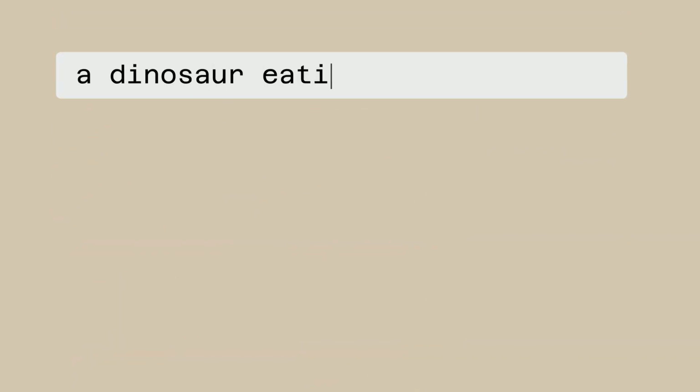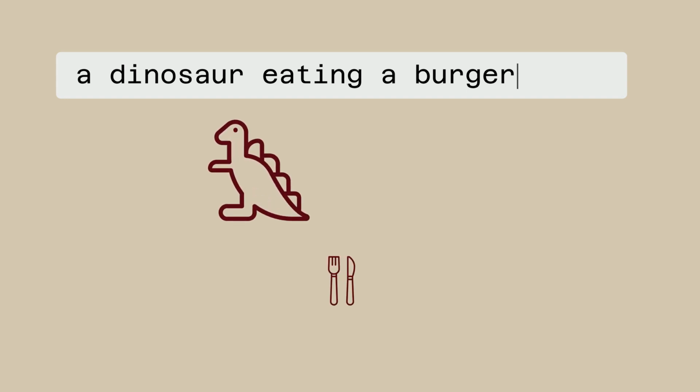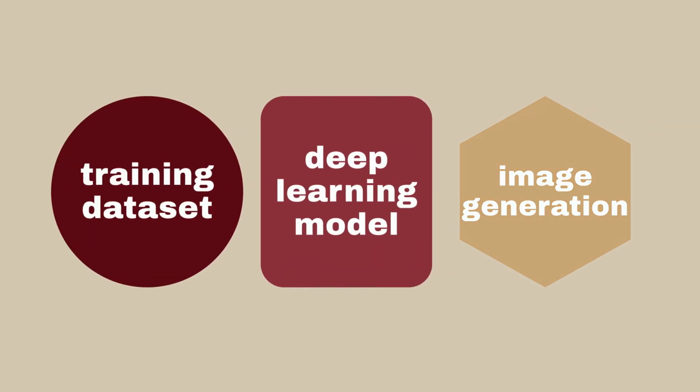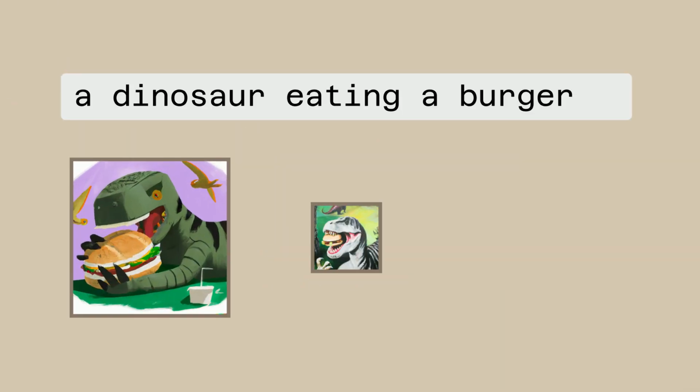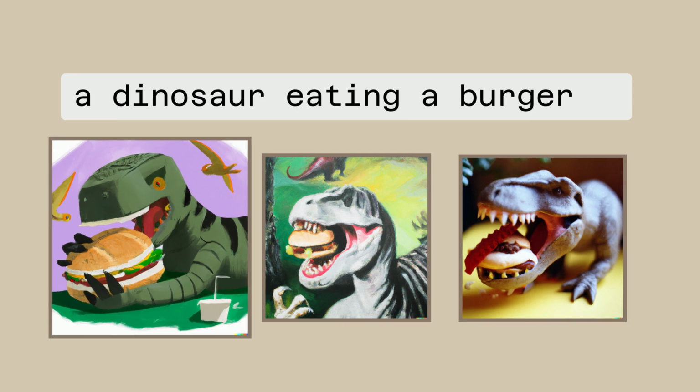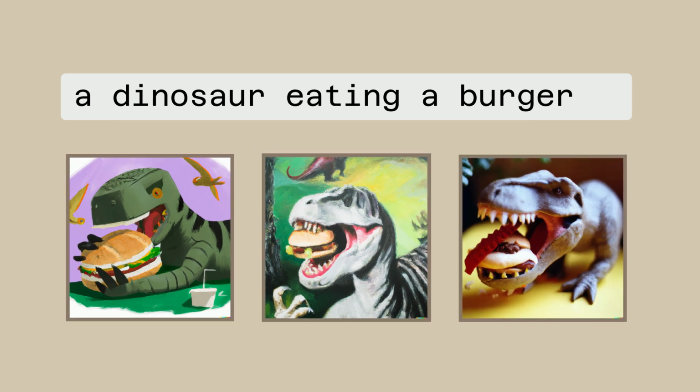For example, when we type in a dinosaur eating a burger, the model will understand the concepts dinosaur, eating, and burger and their relation to each other. From this point onwards, however, the various programs differ in their encoding, decoding, and image generation processes. Ultimately, these tools can turn text prompts into newly generated images in any possible art style and that have not existed before.